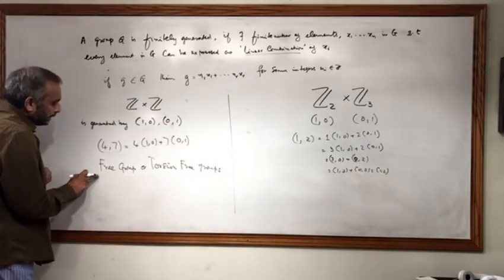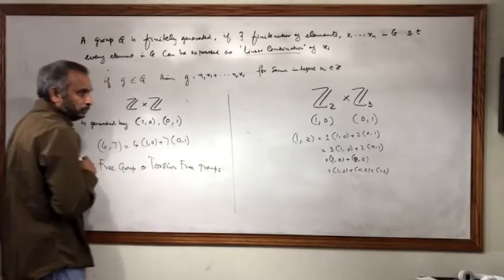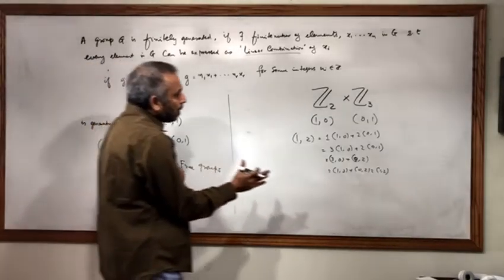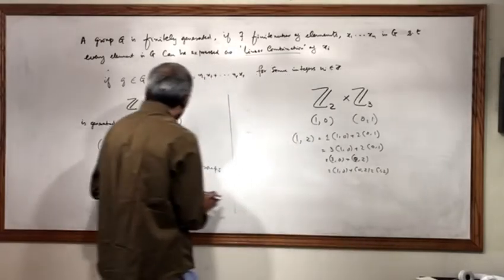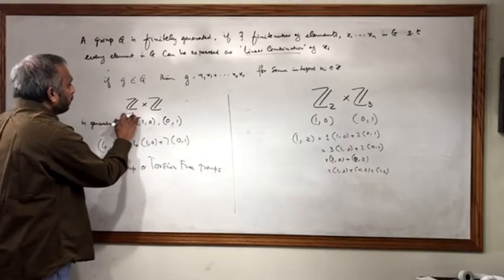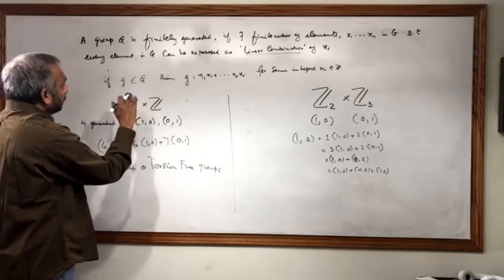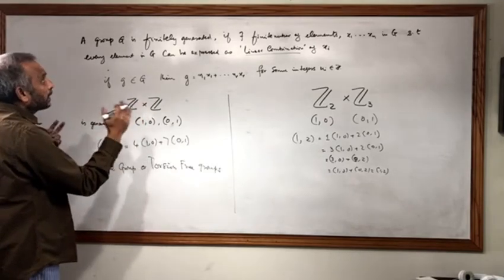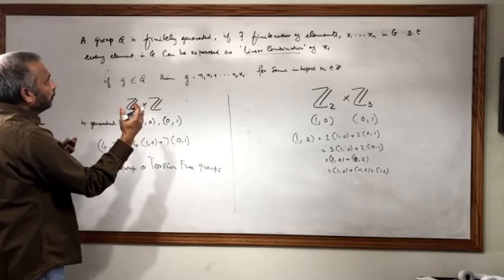So finitely generated free groups or finitely generated torsion-free groups. These are not torsion-free. These are torsion-free. So there are different types of finitely generated groups.